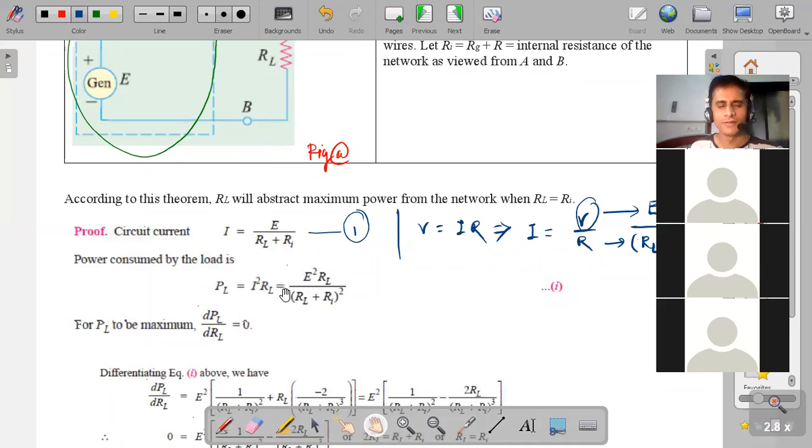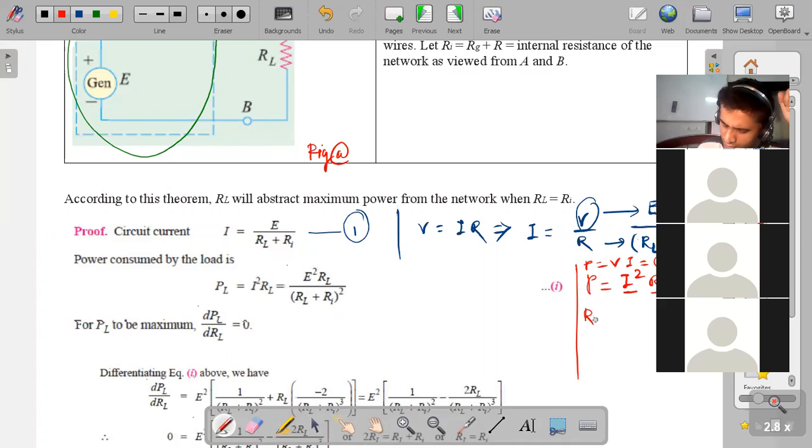We know that P equals VI, but V equals IR, so P equals I square R. But we need power through only the load resistor.